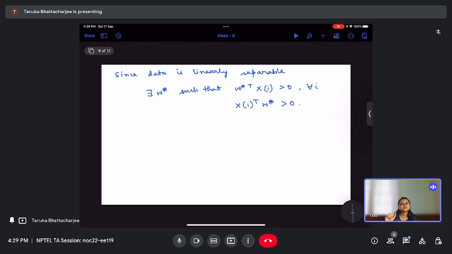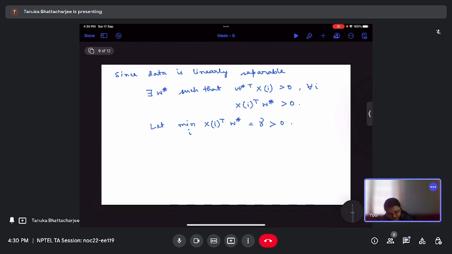So, this xi transpose W star is always positive. Now, let us say we denote the minimum over i of xi transpose W star by gamma. So, gamma is also greater than 0.